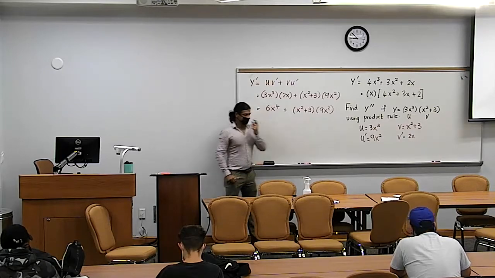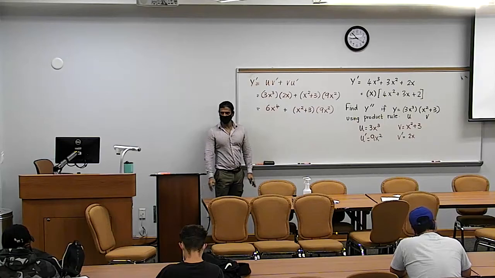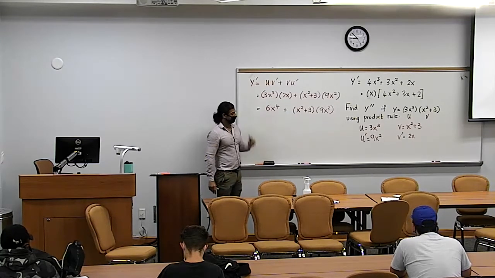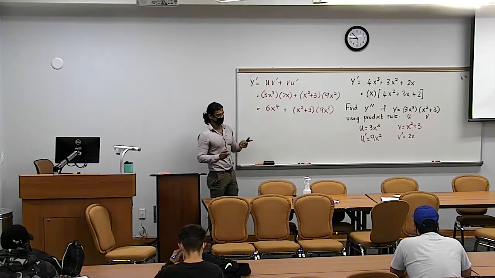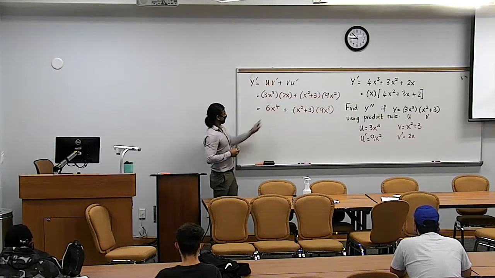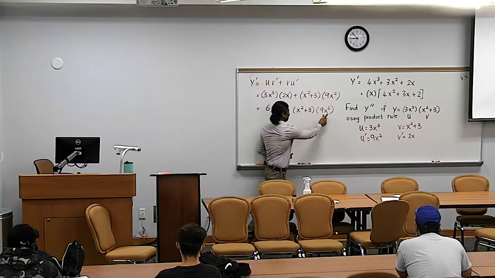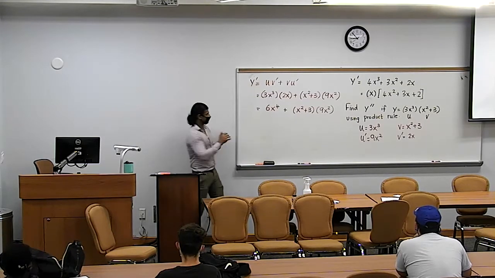Nine is divisible by 3, correct? You can divide 9 by 3. Can we divide 6 by 3? Yes. Which tells us that 3 is in common between those two terms. Agreed? What else is common? X raised 4, x squared. What do you think is in common? X squared.